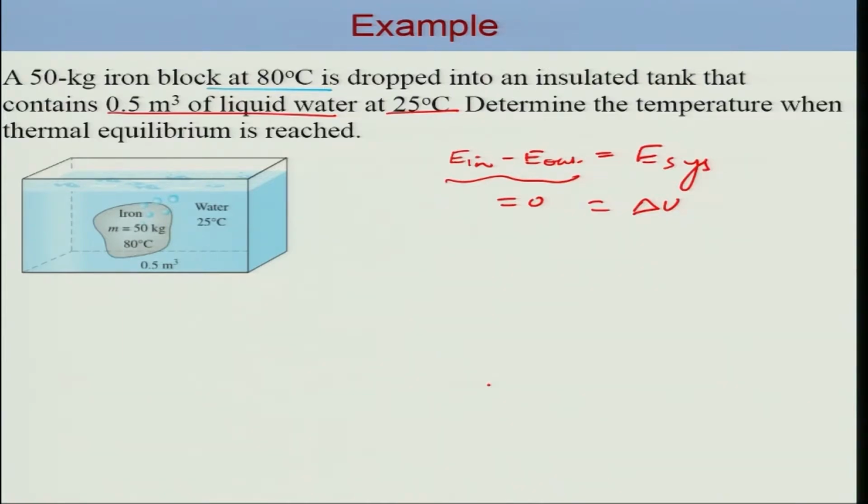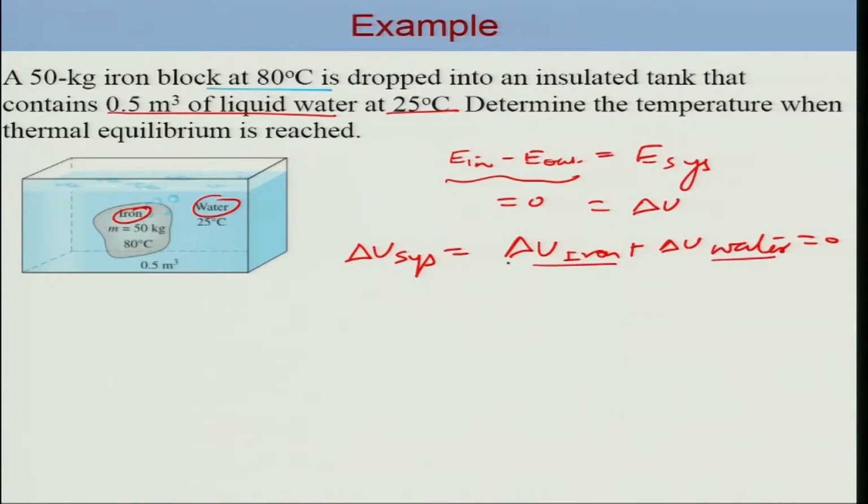U is an extensive property. So delta U of the system, which has two components, iron and water, should be delta U for iron plus delta U for water, and that should be 0. One is a solid and the other is a liquid, so we are going to make use of specific heat.